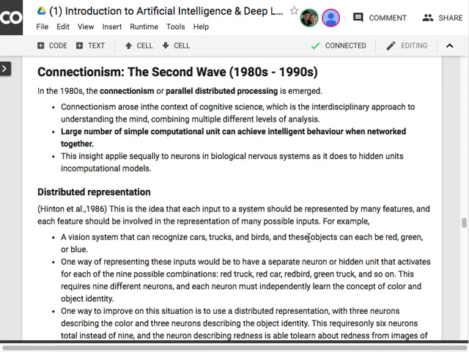We need to create a brain neuron that activates when we get the shape of an apple and the red color. And then we need a neuron for the shape of glasses with the red color, and a neuron that is activated when we have the shape of a shoe with the red color.